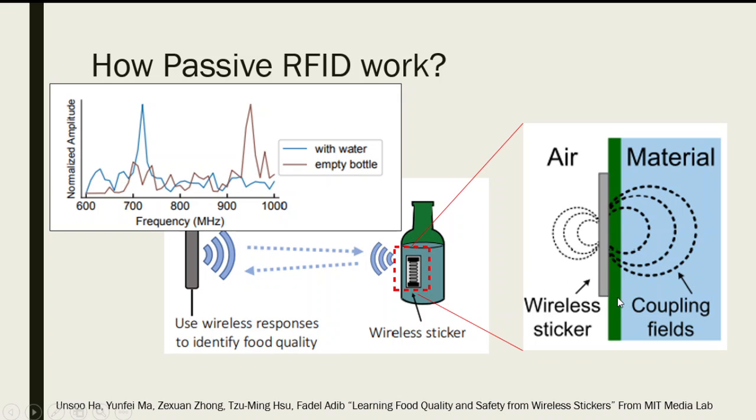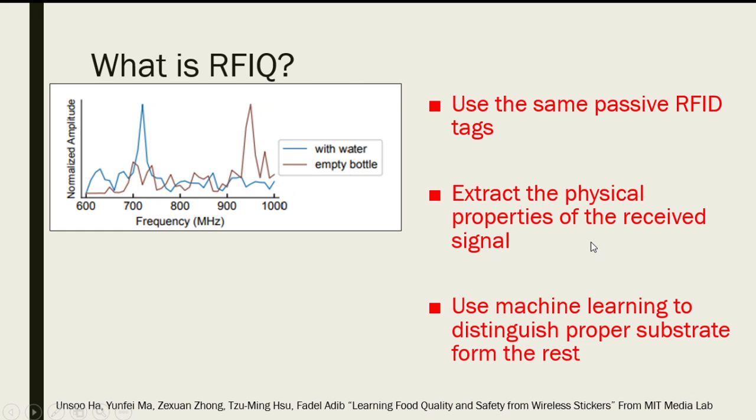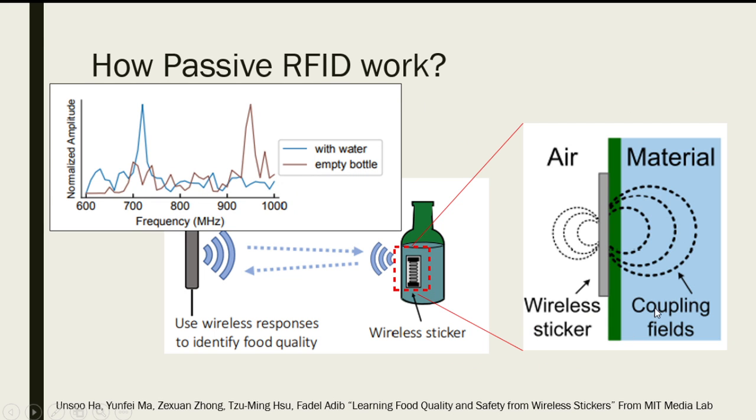So this is the basis behind RFIQ, the radio frequency IQ. Here they use the same passive RFID antenna attached to the consumer good and extract the physical properties of the received signal, and using machine learning they distinguish between different substrates inside this bottle.